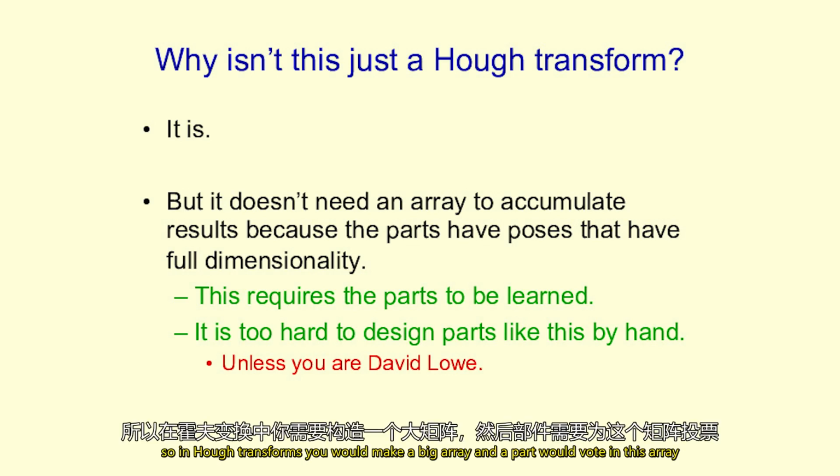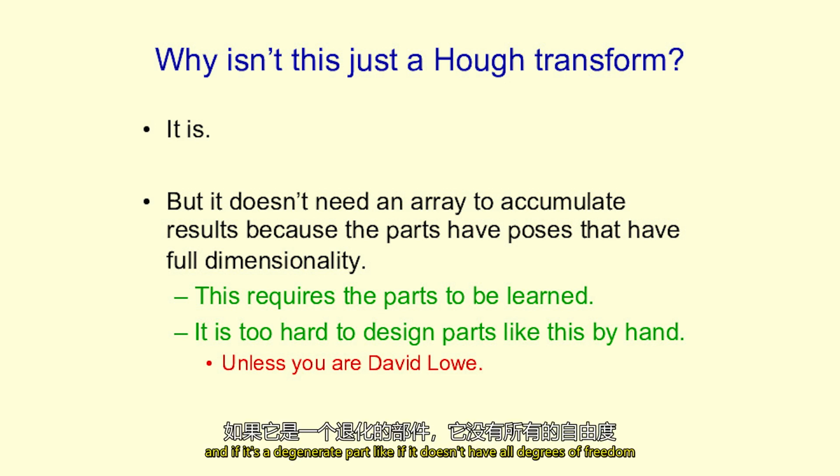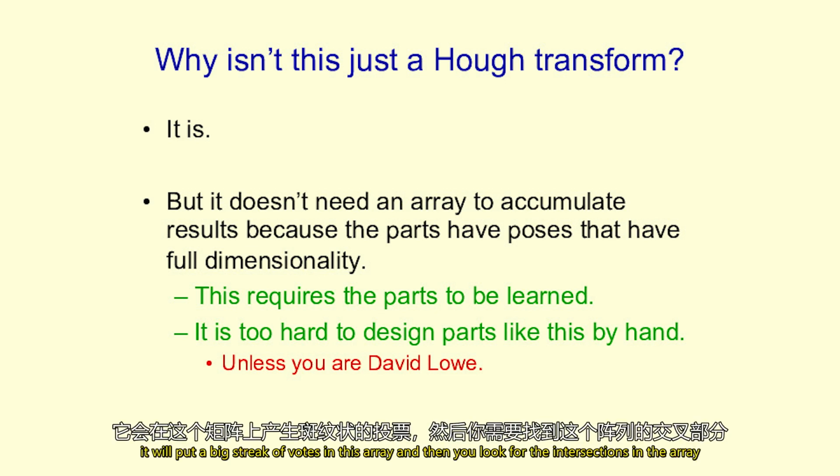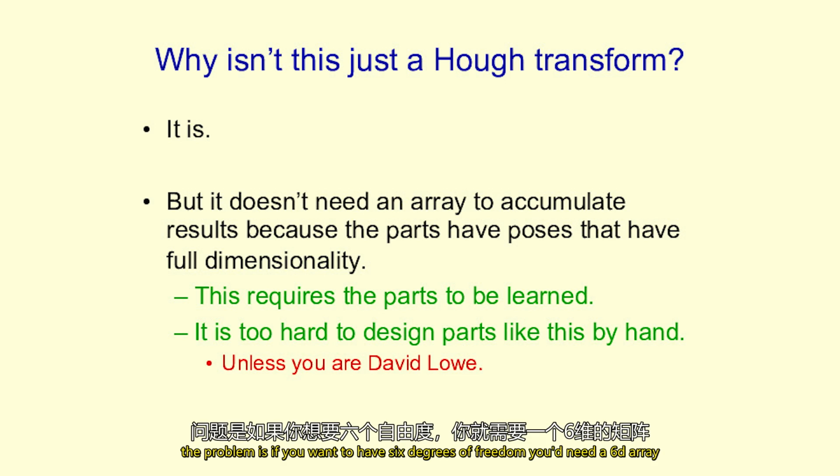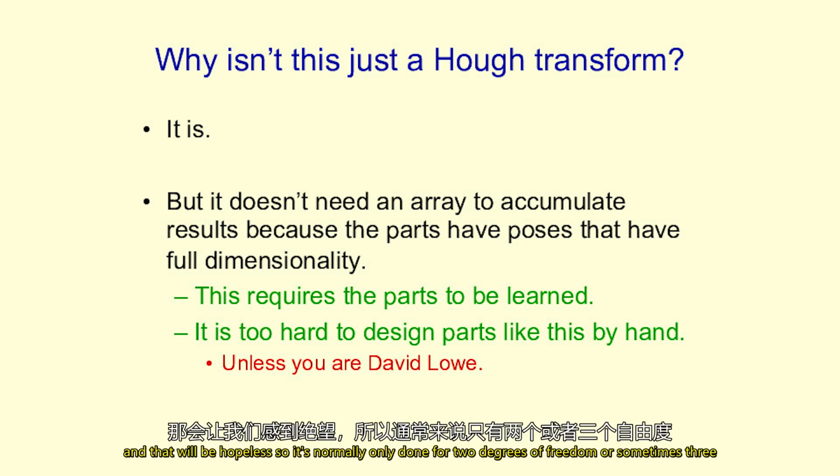In Hough transforms, you would make a big array, and a part would vote in this array, and if it's a degenerate part, like if it doesn't have all degrees of freedom, it will put a big streak of votes in this array, and then you look for the intersections in the array. The problem is, if you want to have 6 degrees of freedom, you'd need a 6D array, and that would be hopeless. So it's normally only done for 2 degrees of freedom, or sometimes 3.